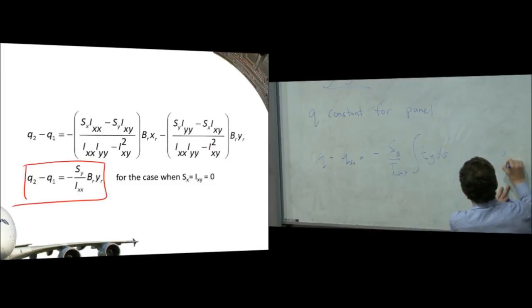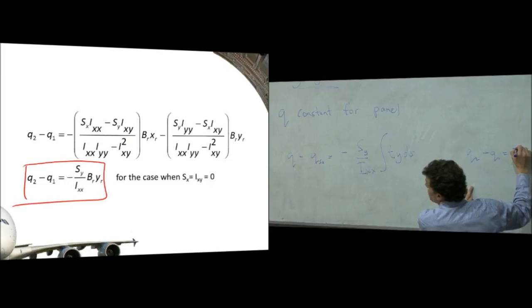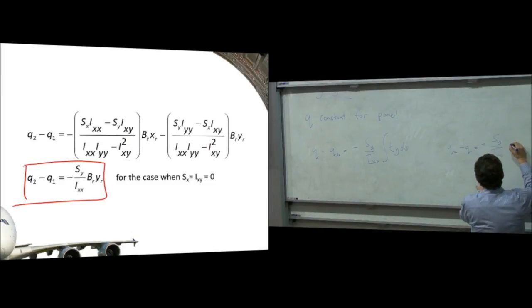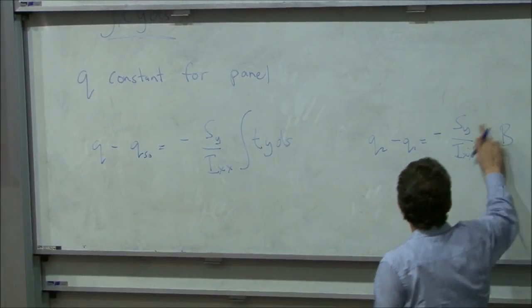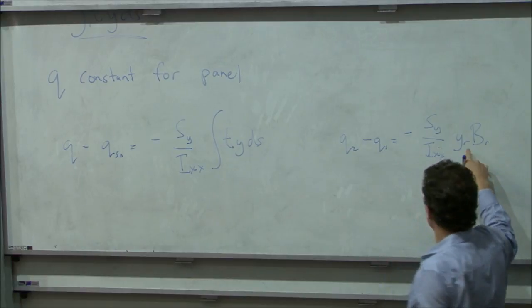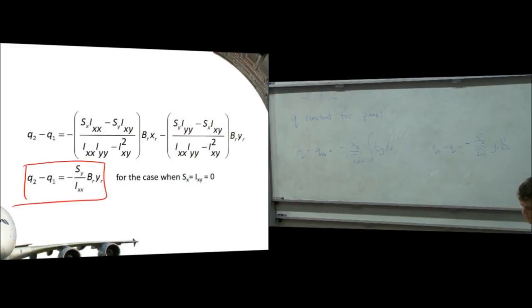Now we've got q2 minus q1 equals minus Sy on Ixx, what's left? t b, sorry, not ty, where I've just denoted subscript r to say it's the rth boom that we cross.